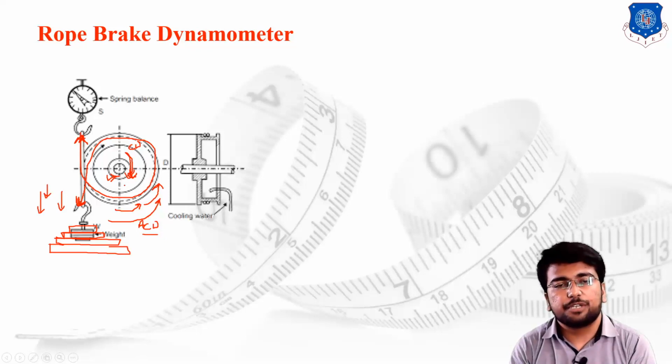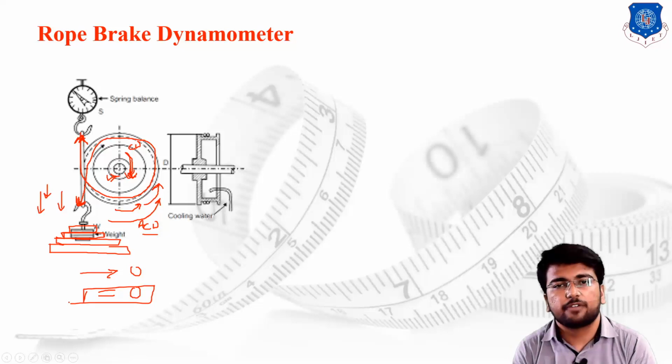The resistance will be generated over the wheel. The wheel will start losing its speed. The speed is reduced drastically, and once we increase the weight by a certain amount, the speed of the shaft tends to 0, and after a certain weight it will be 0.